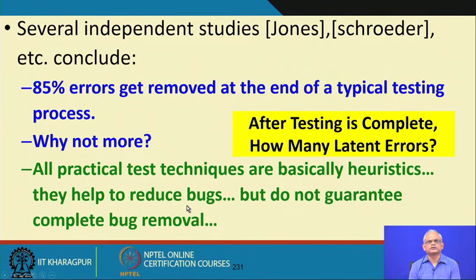They help to reduce the bugs, but provide no guarantee of complete removal of bugs. This is an important observation, that all testing techniques which we discuss are heuristics, and they help only to reduce bugs, and do not provide any guarantee concerning complete bug removal.